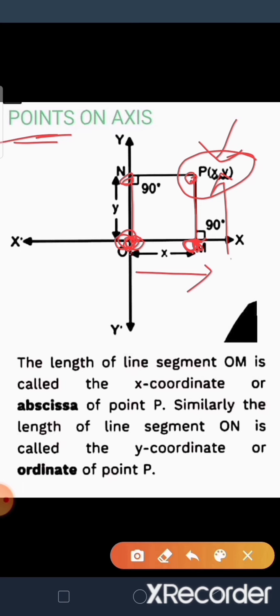So we go in the positive direction and cover the distance of point N, and move in the left direction because our point is on the left of the y axis.